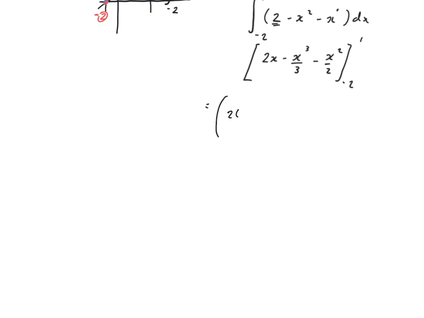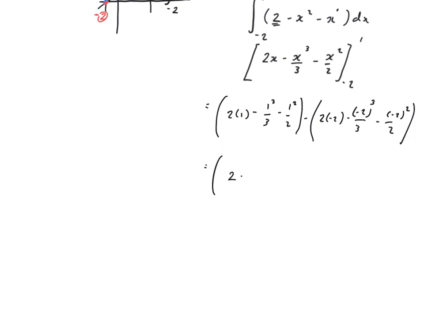Okay, so that's 2 lots of (1 minus 1 cubed over 3 minus 1 squared over 2), close the bracket, minus, open up. I'm going to sub in minus 2. 2 lots of (minus 2 minus minus 2 cubed over 3 minus minus 2 squared over 2).